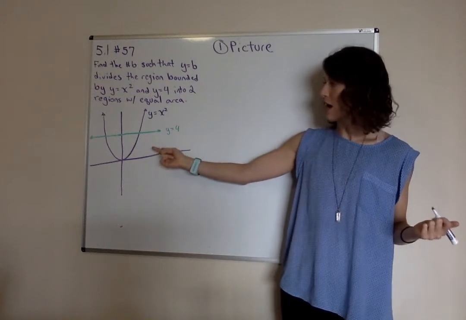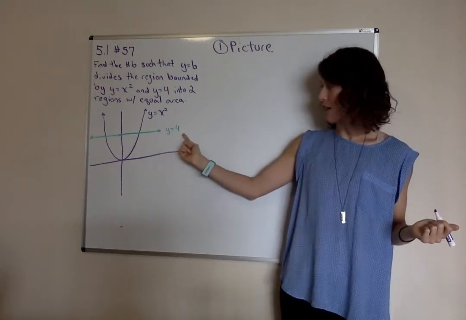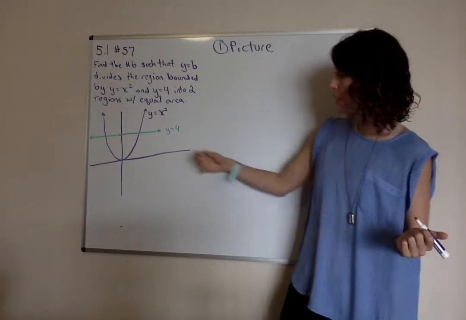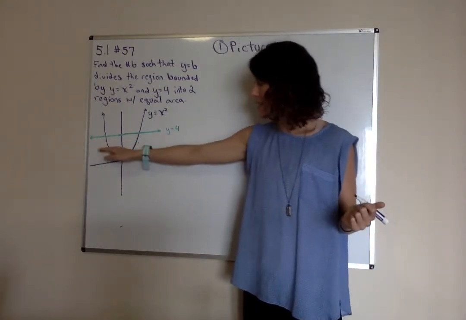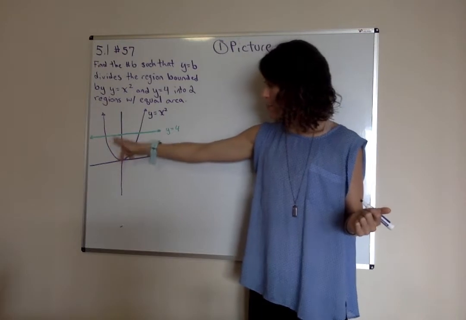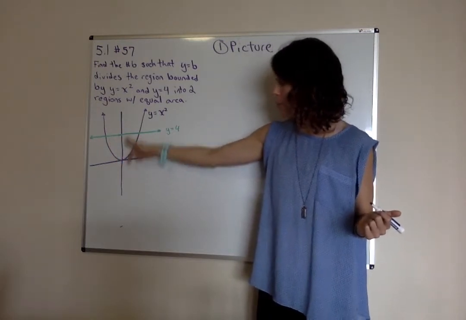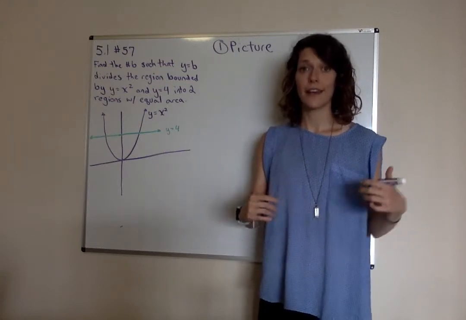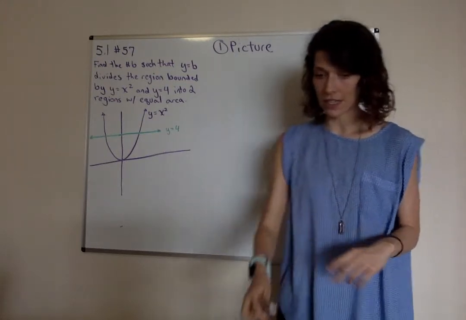So here I have the graph of y equals x squared and the graph of y equals 4. So what we're being asked to do is divide this region that would be between the green and purple curves in half using another horizontal slice. So I'm going to draw that horizontal slice in.